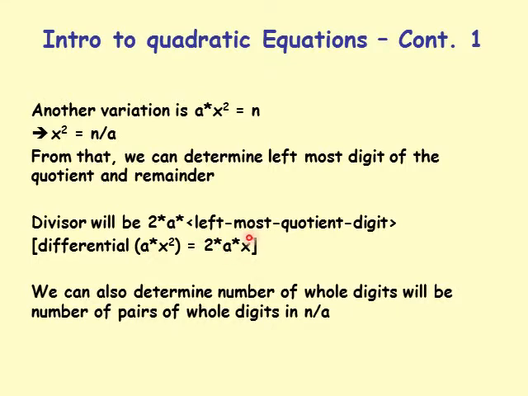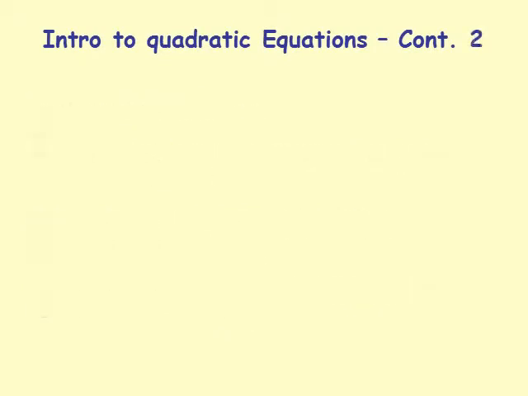So we get the first quotient digit and multiply that by 2a. That would be our divisor. We can also determine the number of whole digits: it will be the number of pairs in the whole digits of n divided by a. So we compute n divided by a and see how many pairs of digits are in the whole digits.